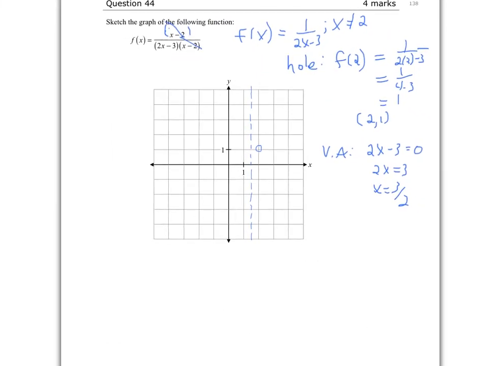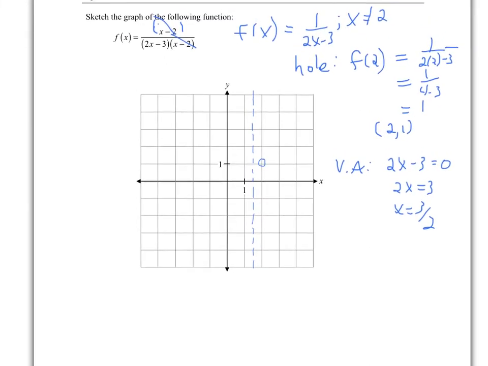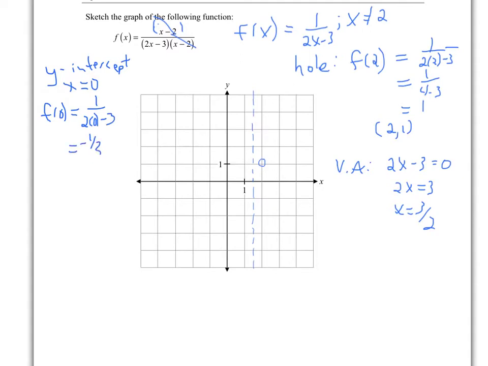Some other things we want to find on this graph is our y-intercept. When you find a y-intercept, we know x equals 0, and we can substitute it into either form. It's easier to substitute it into the simplified form. So f of 0 is 1 over 2 times 0 minus 3, so that's negative 1/3.